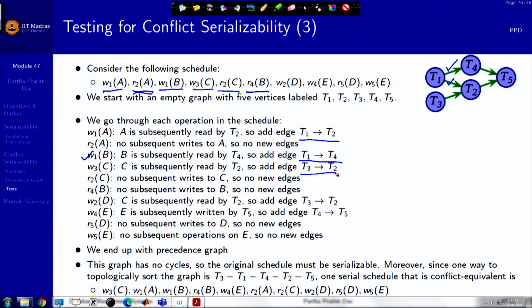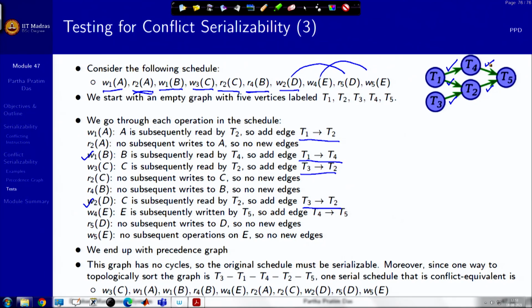So, 3 to 2, you have this. Then there is nothing else on B, there is nothing else on C. Now, W2(D) is read by transaction 5. So, you have 2 to 5. Then finally, you have W4(E): what is written in E by transaction 4 is overwritten by transaction 5, and you are done.